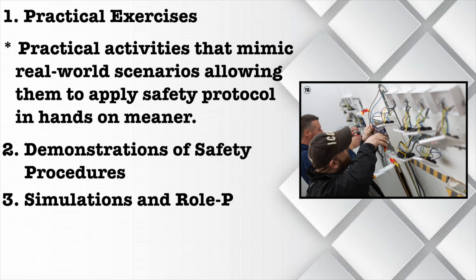Next one is simulation and role playing. Simulation scenarios replicate workplace situations, enabling participants to respond to emergencies and hazardous situations as they would in real life. Hands-on training is particularly effective for building muscle memory, confidence and situational awareness among the participants.